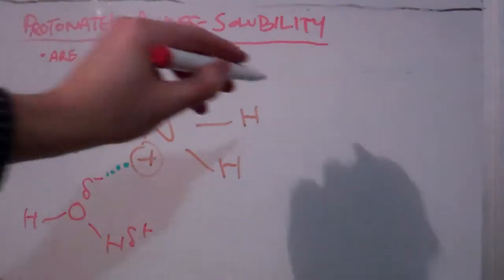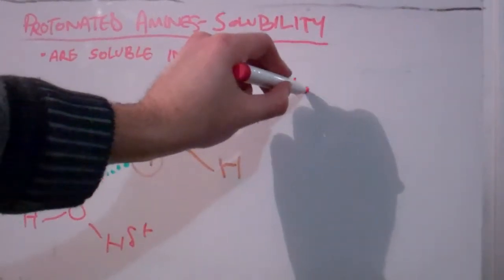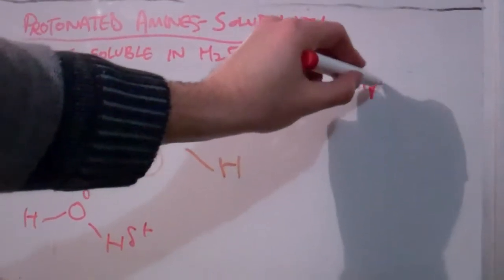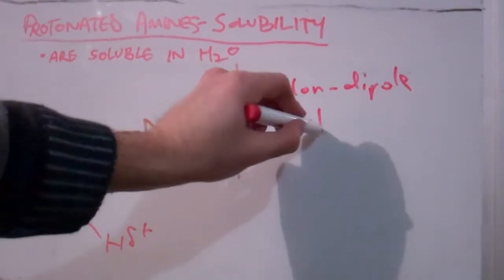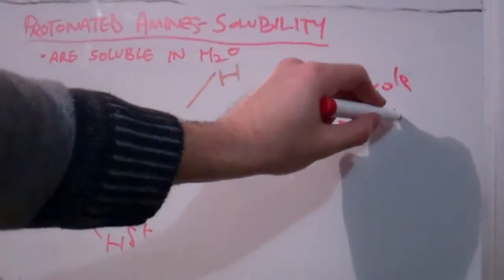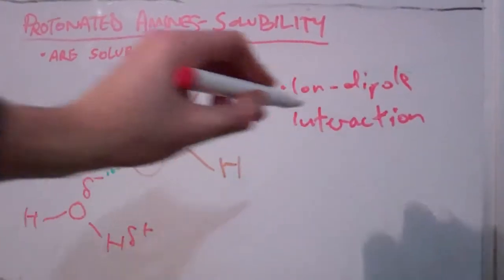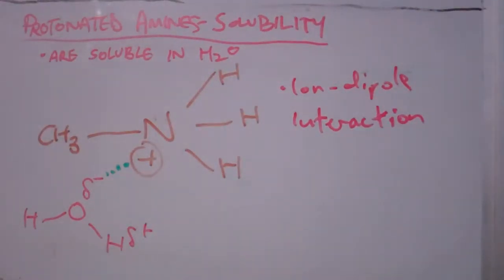Like what we looked at with the carboxylates, we're looking at an ion dipole interaction. The ion dipole interaction is what renders a protonated amine soluble in water, because it's quite a strong interaction.